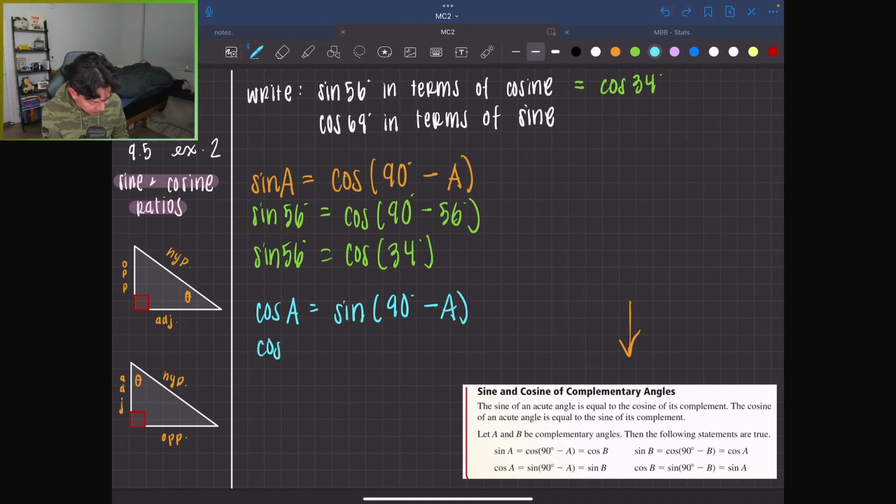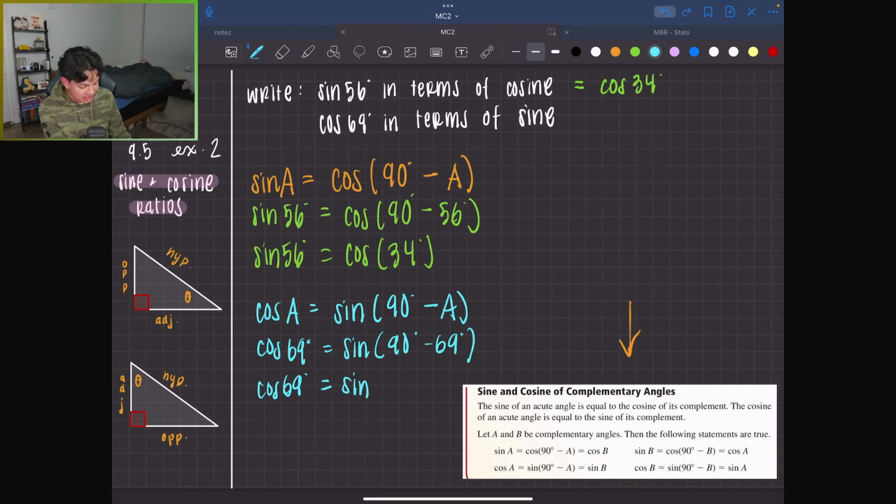A is 69 degrees, so cosine of 69 degrees equals sine of 90 degrees minus 69 degrees. So the cosine of 69 degrees is the same thing as saying sine of 90 minus 69 degrees, which is 21. So cosine 69 degrees in terms of sine is sine of 21 degrees.